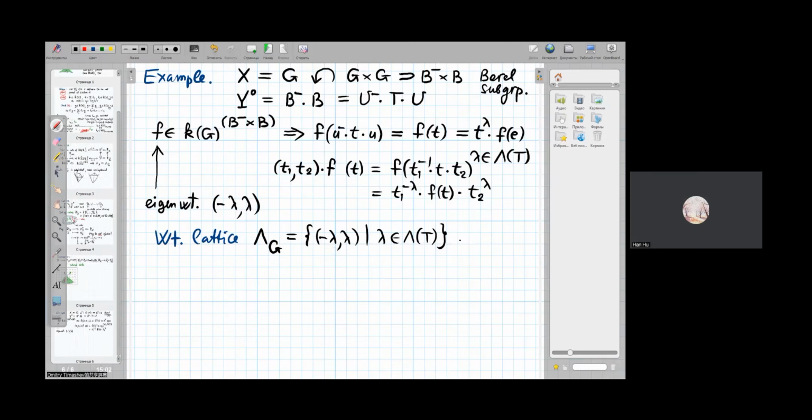And it is isomorphic as a lattice just to a single copy of lambda of T, the character lattice of T.